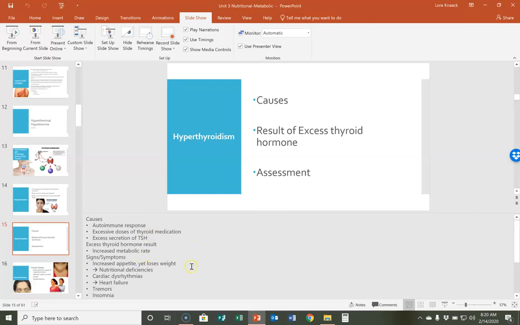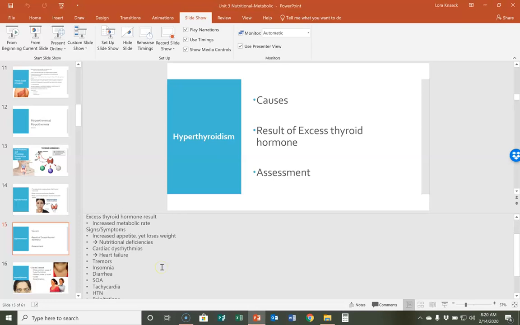So what is the result of too much free T4 in the blood? Well, that's an increased metabolic rate. Signs and symptoms, we have quite a few of them here. Increased appetite, yet loses weight, nutritional deficiencies, cardiac dysrhythmias that can lead to heart failure, tremors, insomnia, diarrhea, shortness of air, tachycardia, hypertension, palpitations, amenorrhea.